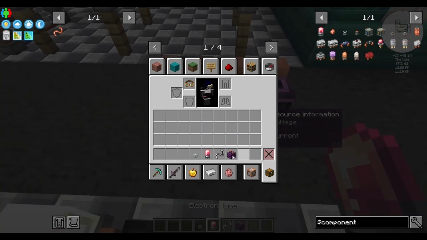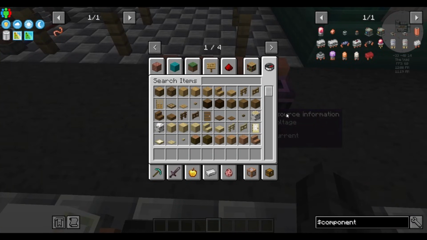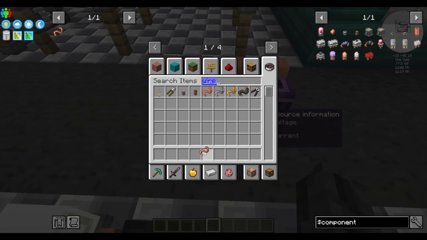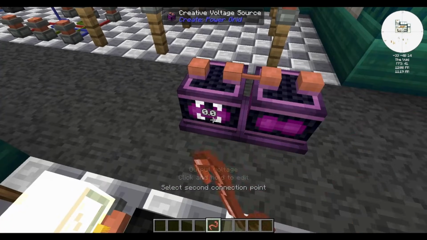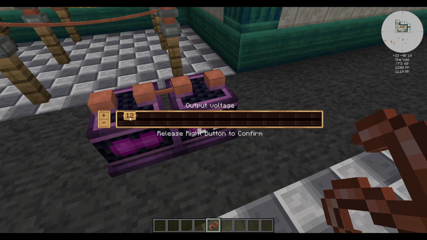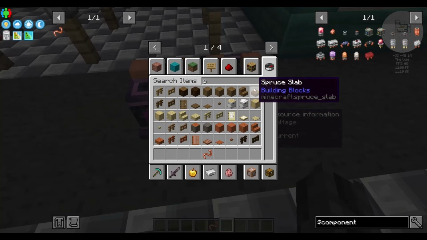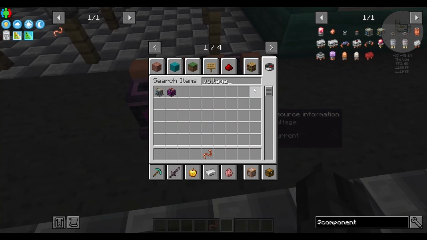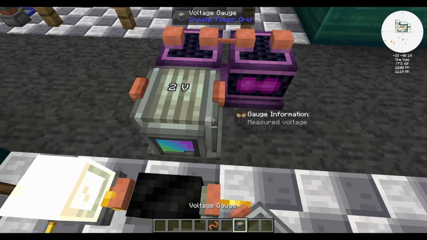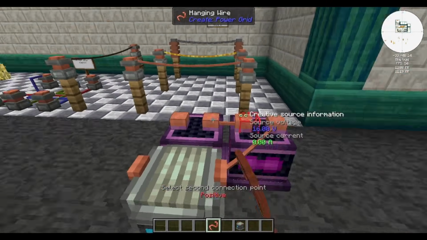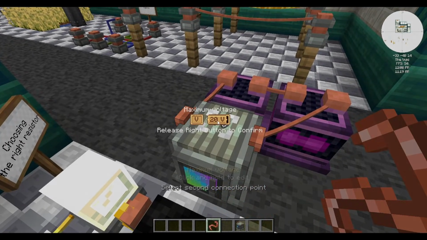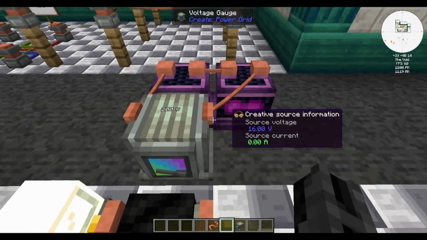If we add two voltages together in series, 16 and 16, for example, they add up.